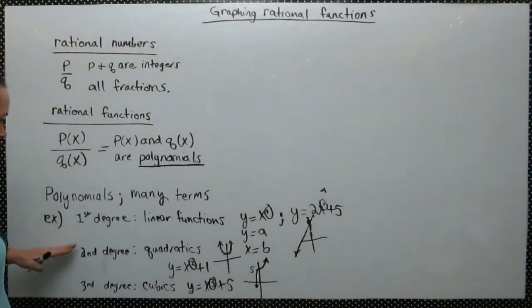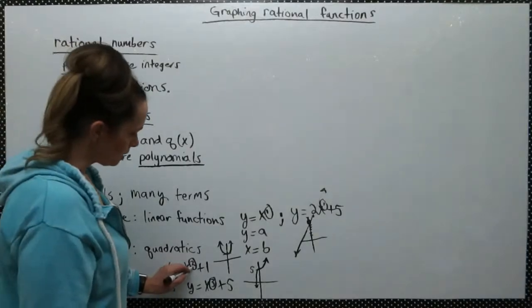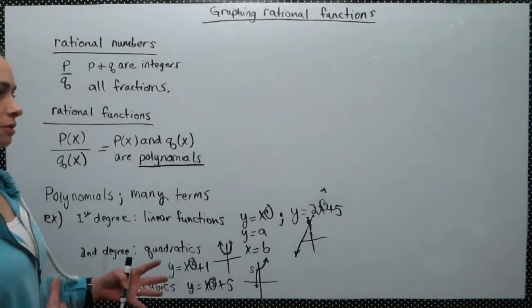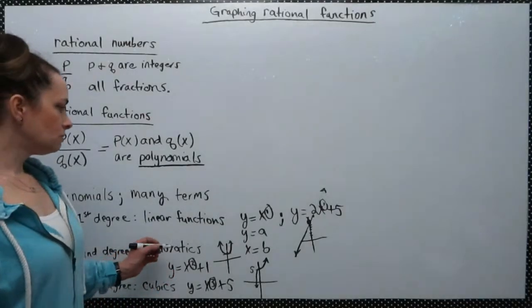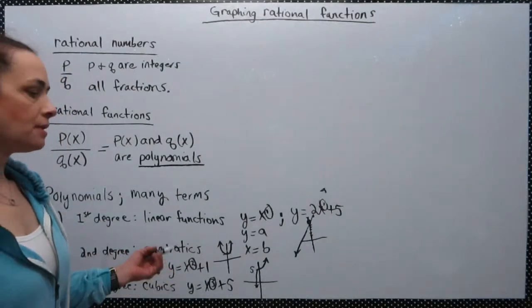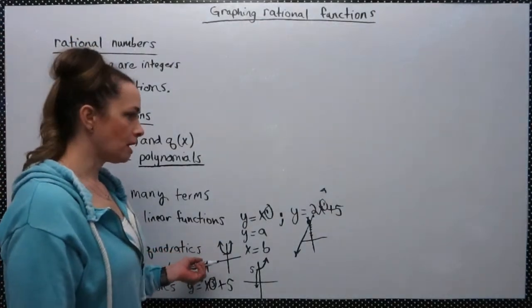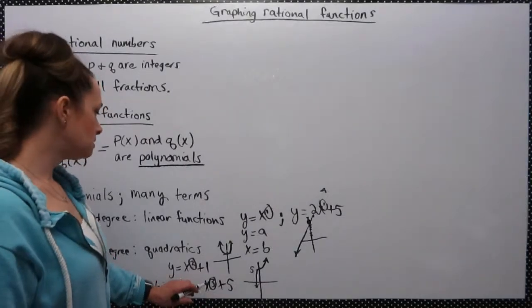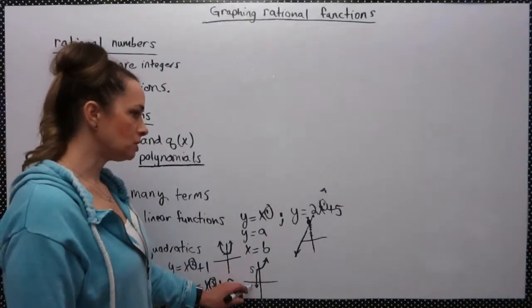So they all have their own behaviors according to the degree of their exponent. And in the theory, you learn that even numbered exponents are even functions, and they have symmetry about the y-axis. And then you learn about your odd functions, and they have symmetry about the origin.